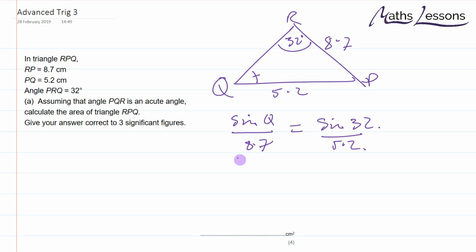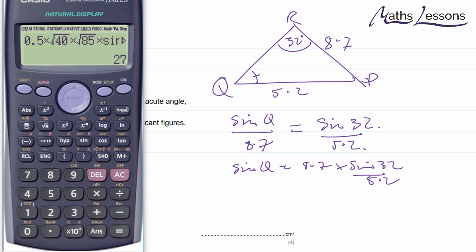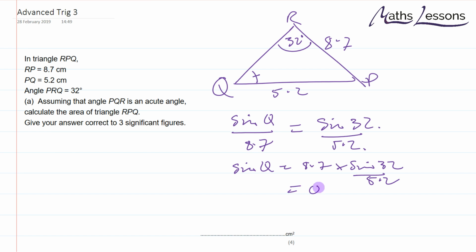So multiply throughout by 8.7, you get sine Q equals 8.7 times sine of 32 over 5.2. So we'll get our calculator: 8.7 times sine of 32, close brackets, and divide that by 5.2. That gives me what sine Q equals. So sine Q equals 0.88 and so on.